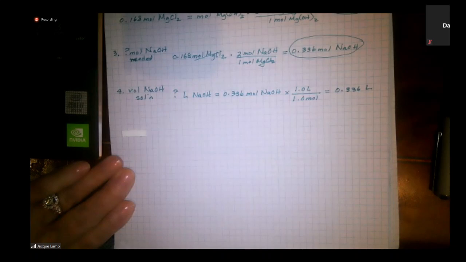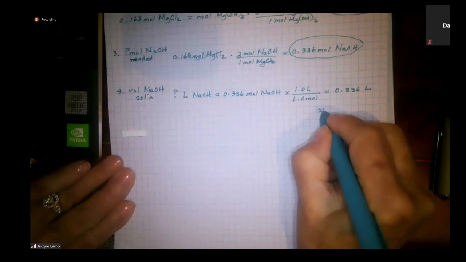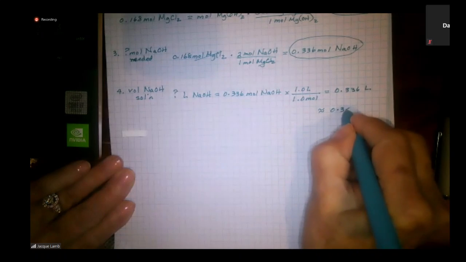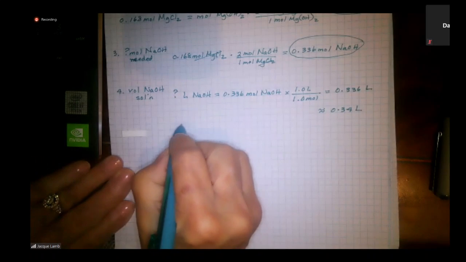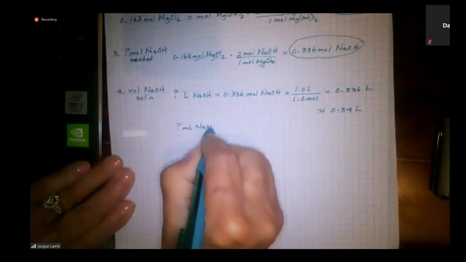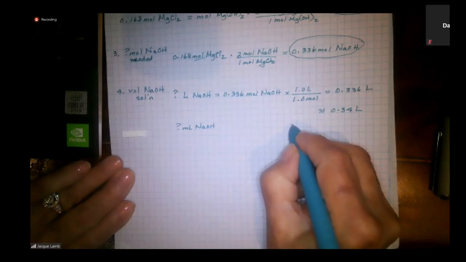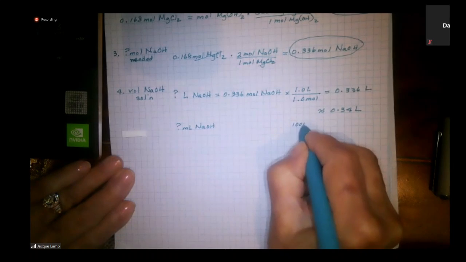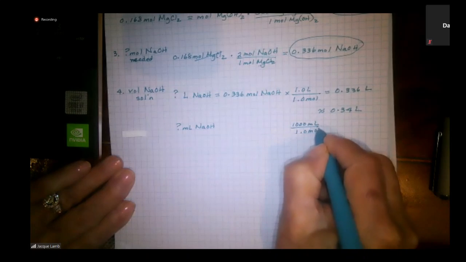This time I probably should change that to 2 sig figs, so it would be about 0.34 liters. If I do it in milliliters, I could ask how many milliliters of NaOH are required? It would be exactly the same, except my conversion factor would be 1,000 milliliters is 1.0 moles.